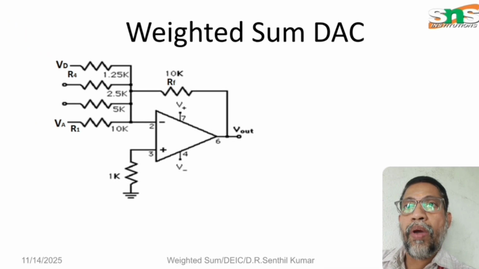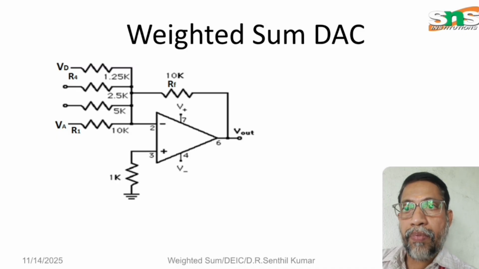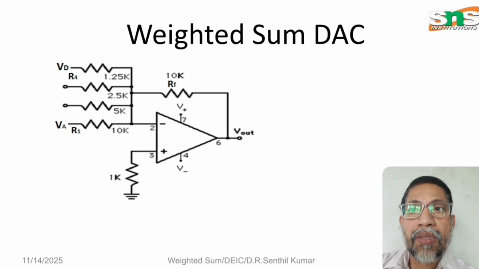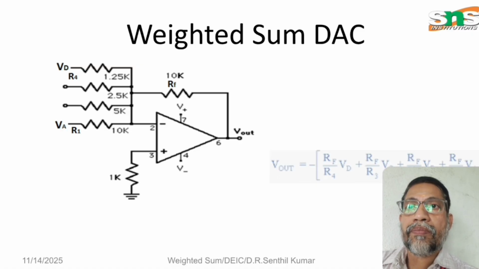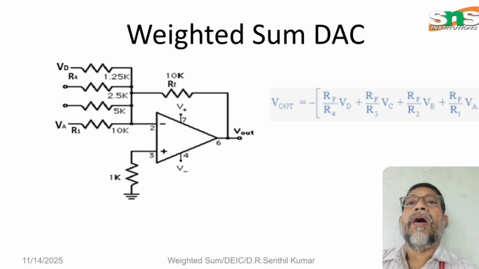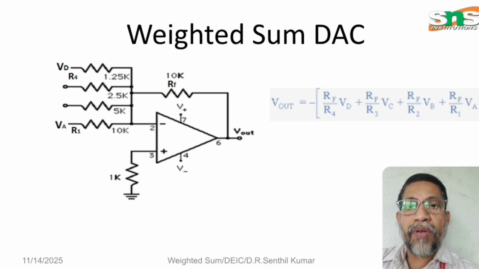Now this is the weighted sum DAC circuit. For this summing amplifier, you already know that the output voltage Vout is given as minus of RF by R4 into VD plus RF by R3 into VC plus RF by R2 into VB plus RF by R1 into VA.